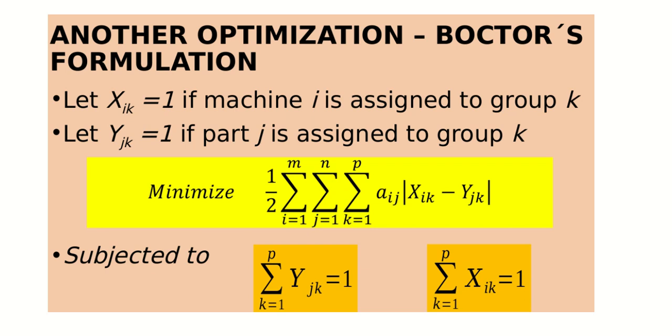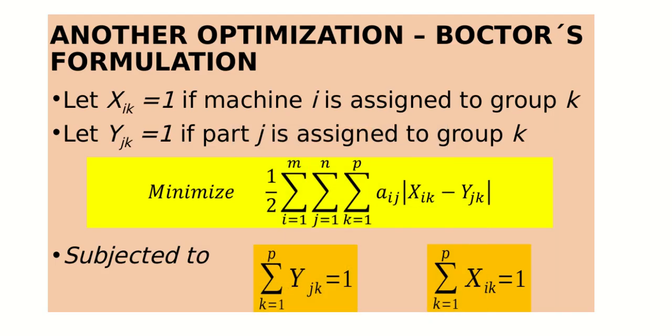So the question is, if I apply the Boctor's formulation over my example of a 6 times 8 matrix, what is the number of variables? How many x variables will I have?